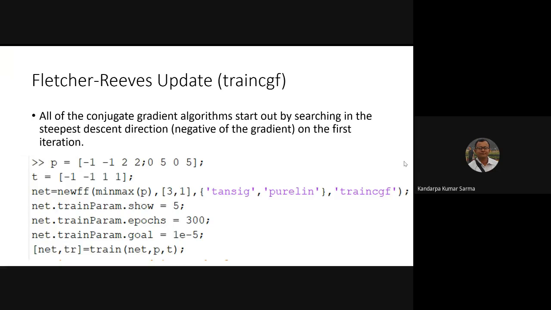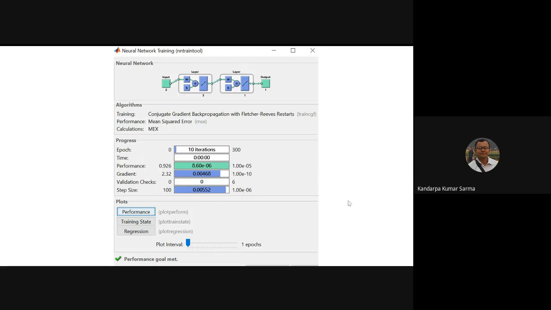So same thing, but the training function now changes to train CGF. Rest of the values are same, and while we do see the training time network structure, we find that it takes 10 number of iterations to reach the gradient minimum performance value; it will cross 10 to the power minus 5.